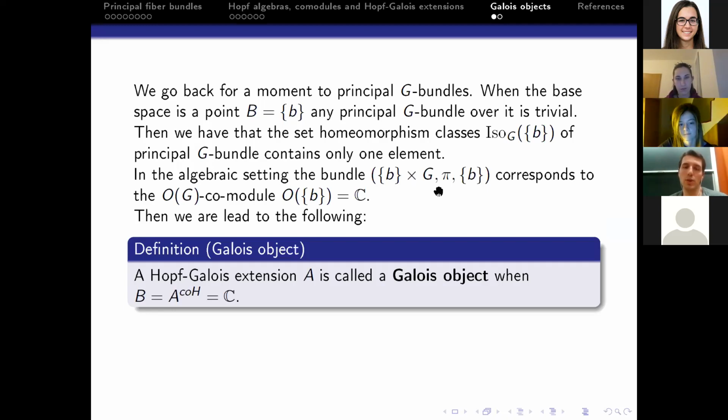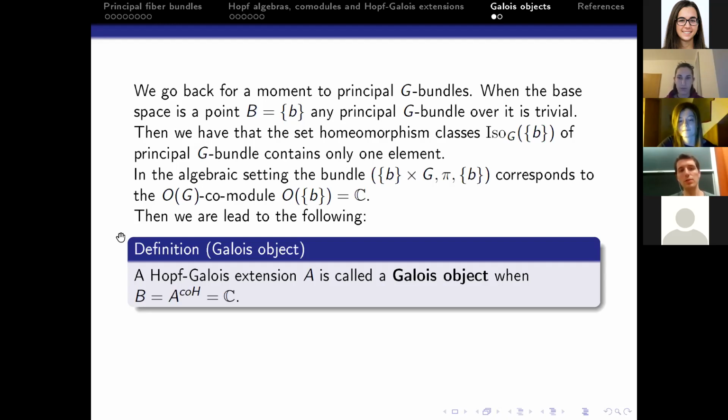If we take a look at the algebraic counterpart of a bundle for which the base space is just a point, it's easy to see that the algebra of functions over a singleton is just the field C, because the functions are complex numbers when evaluated at the point. Or, if you want to be more precise, you use characters of this algebra, but they are not needed.